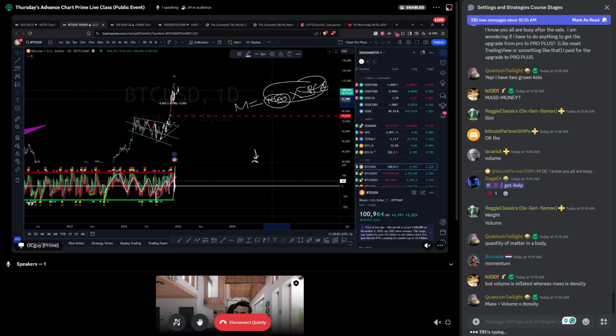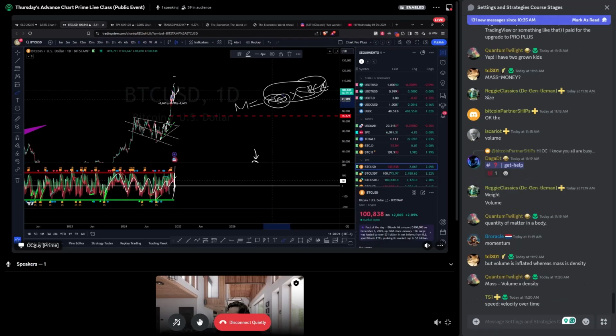But speed, it is money flow, because the money flow measures how fast, small amount or big amount, regardless, how fast that money is going to the asset, right? So that will be very close there, quantum twilight. So that will be volume times money flow, right?